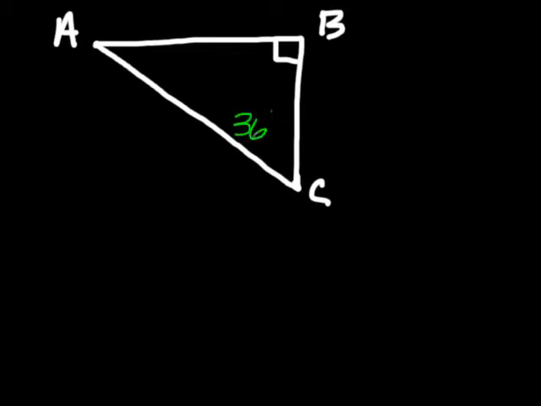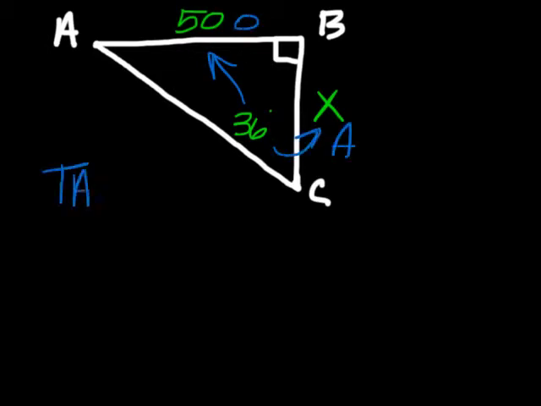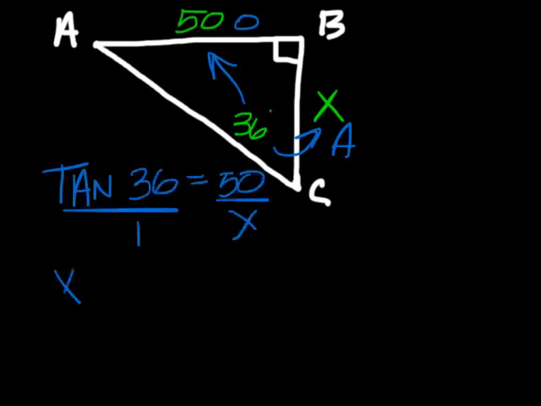Practice problem number 4. In this problem, you know 36 degrees, you know 50 for this side, and this is x. Solve for x and round to the nearest tenth. On the practice for the solution, this is opposite, this is adjacent, so tangent 36 equals 50 over x.